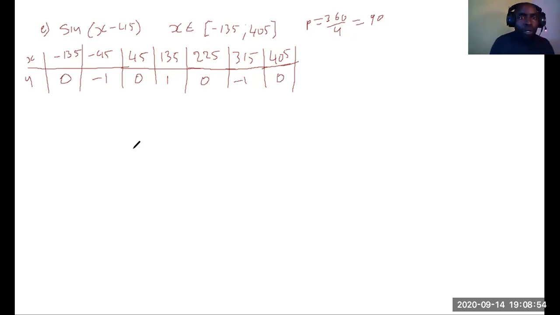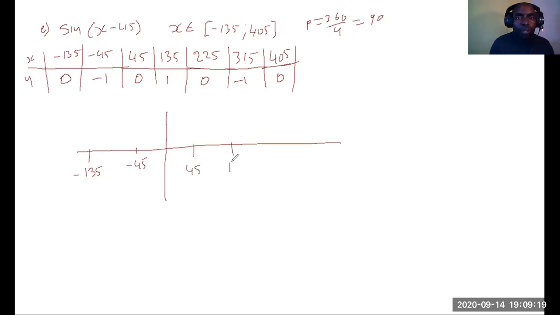So we go to our Cartesian plane. Yes. Here we have got minus 135, minus 45, 45, 135, 225, 315, 405.